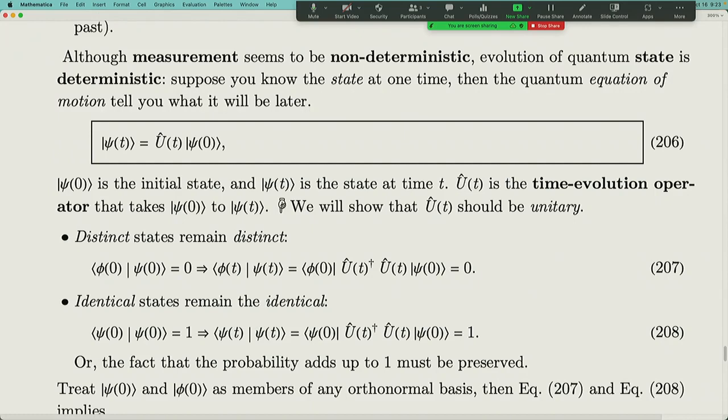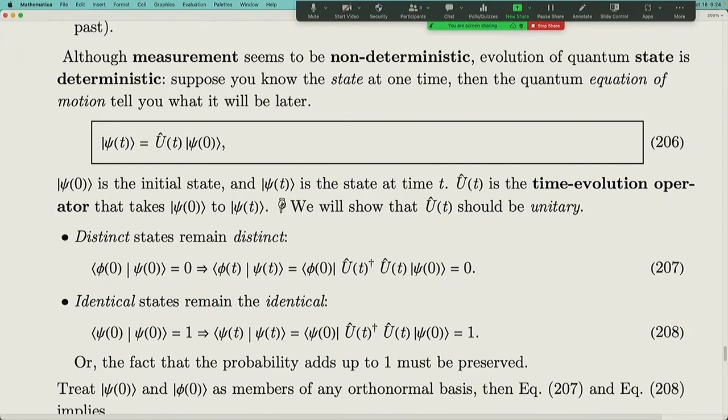So measurement is basically outside the discussion of time evolution. When we talk about time evolution, we talk about the deterministic evolution of the system. But why is the underlying quantum system always governed by this unitary, deterministic, information-preserving evolution, but when we measure the system, it seems to become non-deterministic? This is still an open question at the frontier of physics.